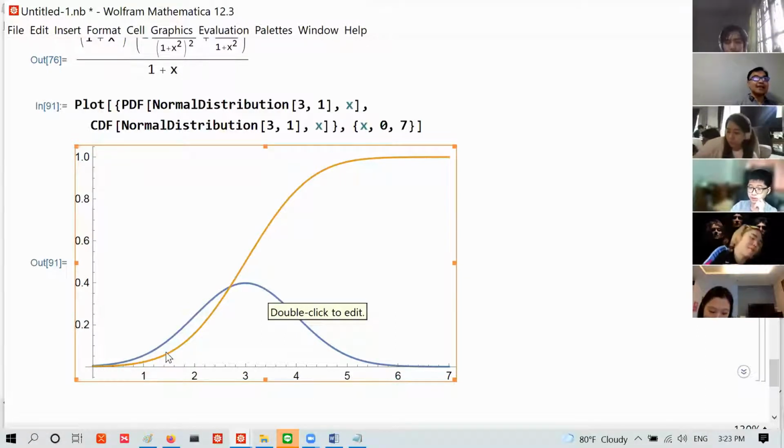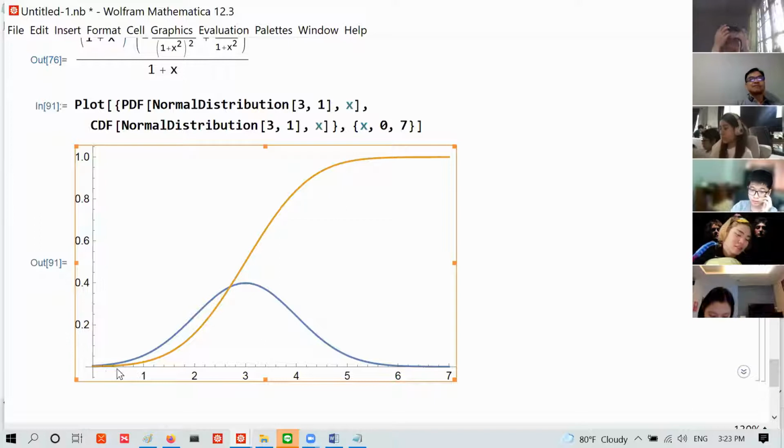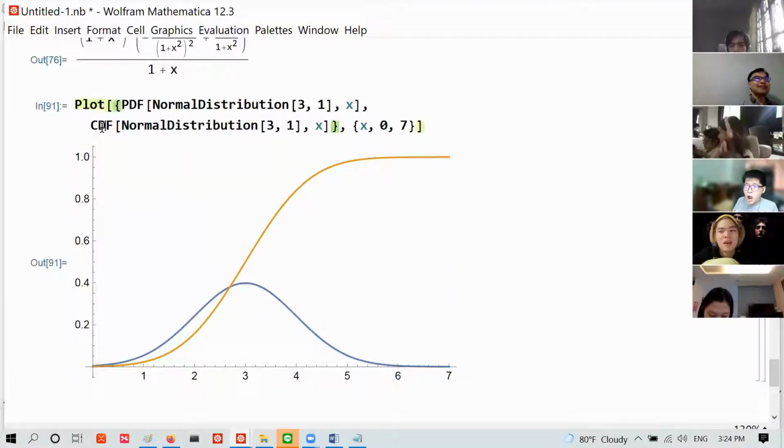The yellow line here is the accumulated probability as x goes from minus infinity to plus infinity. Obviously x has to be somewhere. So what's the total area of the distribution function? 1. So the CDF, that's the yellow line, has to go from 0 to 1.